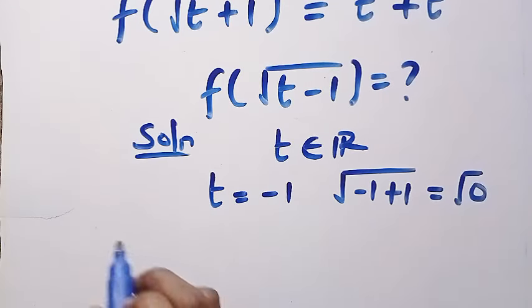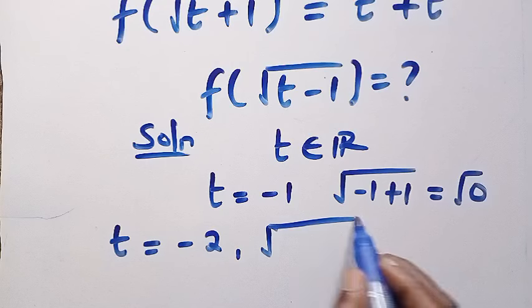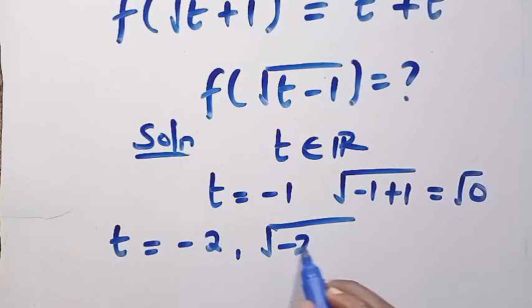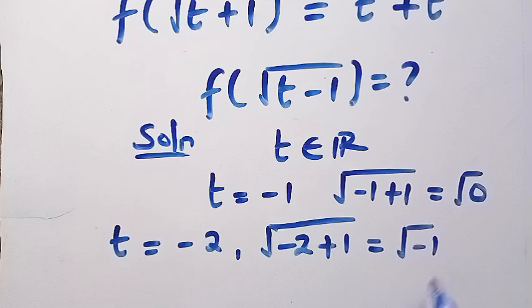If I let t equal minus 2, this is where the problem falls, because minus 2 plus 1 gives us the square root of minus 1. And this is not a member of the real numbers, because the square root of minus 1 is given as i, which is a complex number.